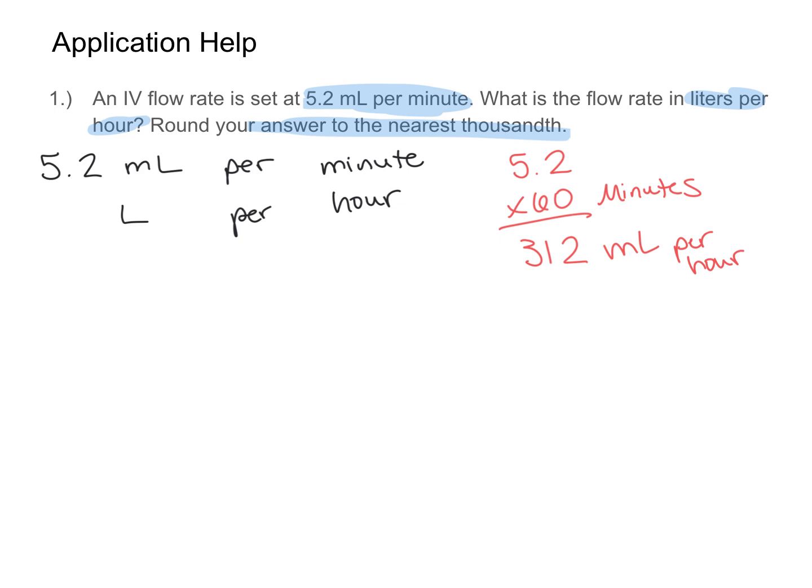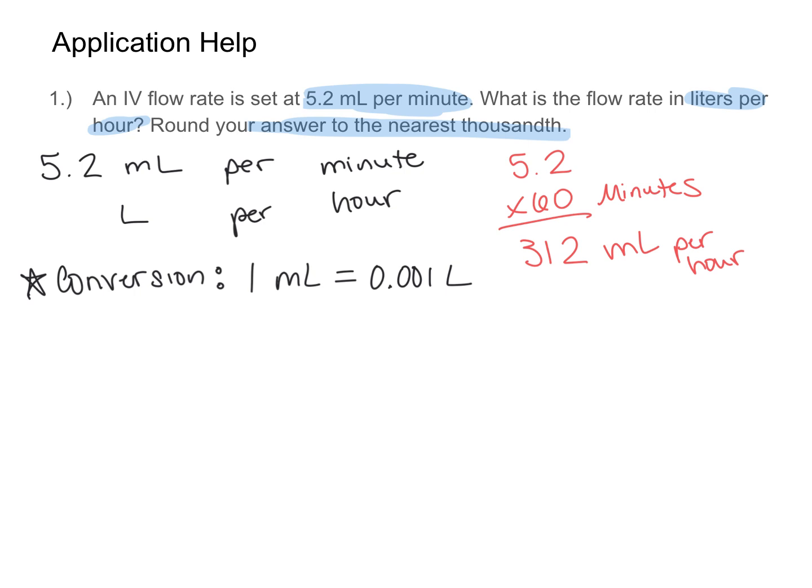From here, I'm going to use my conversion sheet. Based on it, I know that 1 milliliter is equal to 0.001 liters. Before I set up a proportion, there is a faster way.